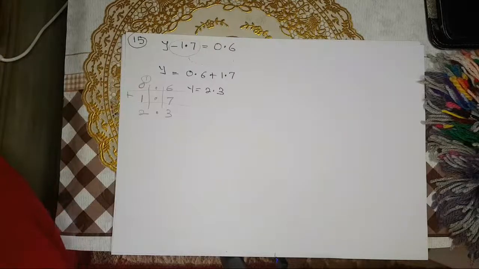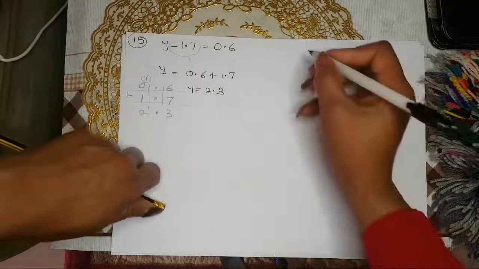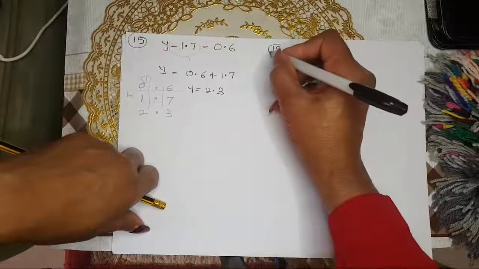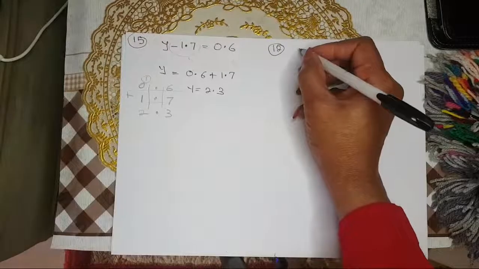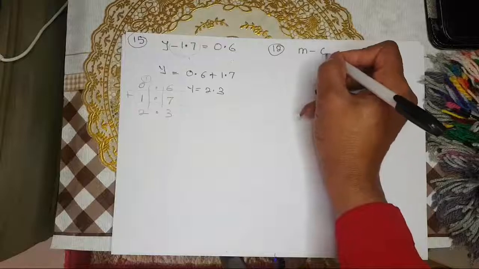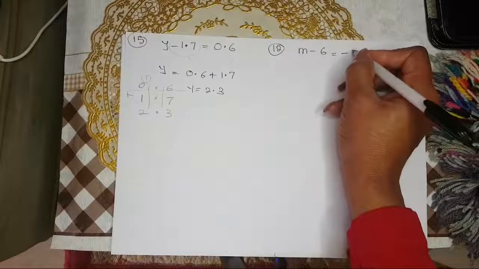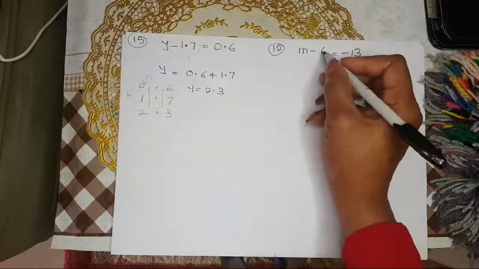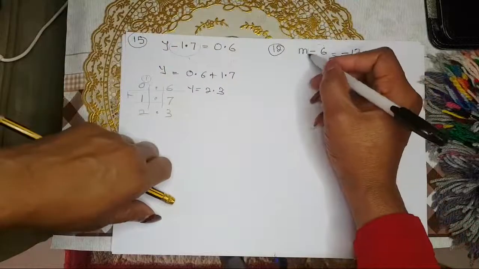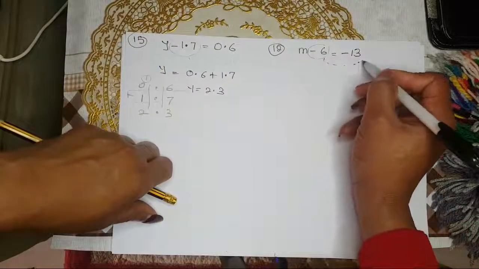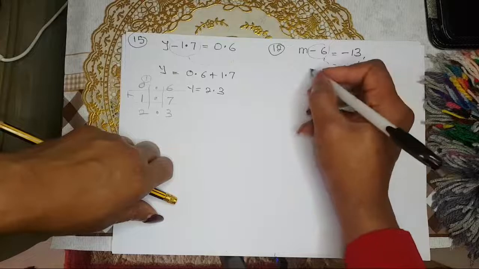Is there any other question? Okay, let me see if I can solve question number 9 if you have time. Okay, I'm going to write question number 12 here. This is kind of a bonus, which is m minus 6 equals negative 13. So we're going to move everything here to this side. So remember, when you're moving, the sign changes.